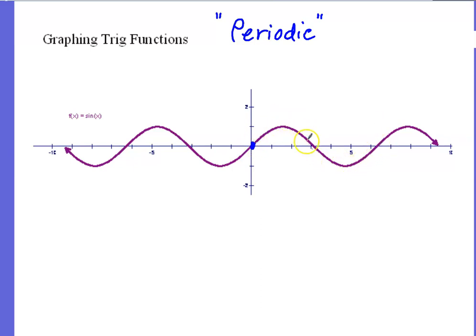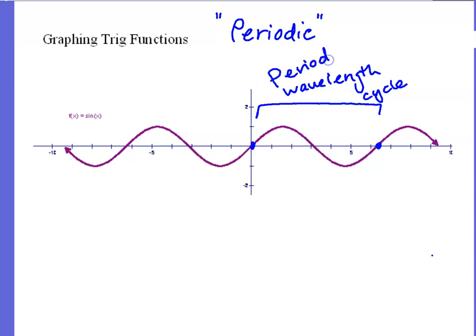So this guy, its whole cycle takes that long. So right there, this is a wavelength, or we could call this a cycle, right? Okay, so that's it, or you can call it a period. That's the period of the graph, that's where periodic comes from. That's how long it takes to finish one cycle. Okay, so that's a period.